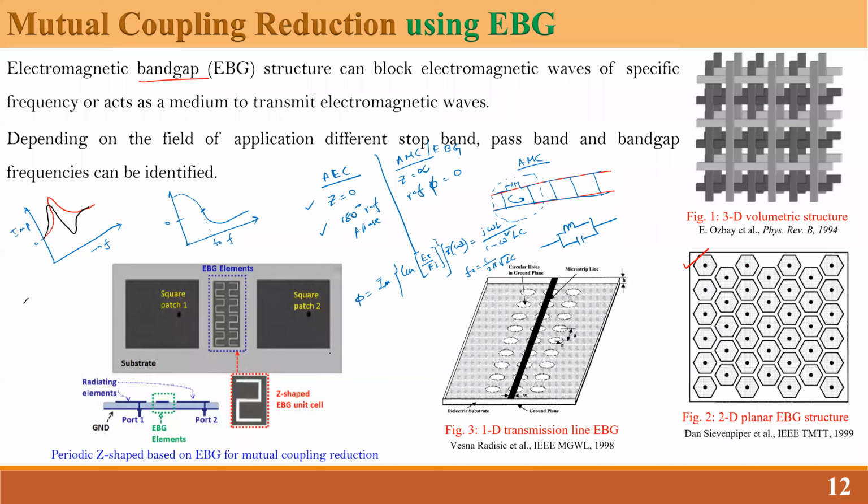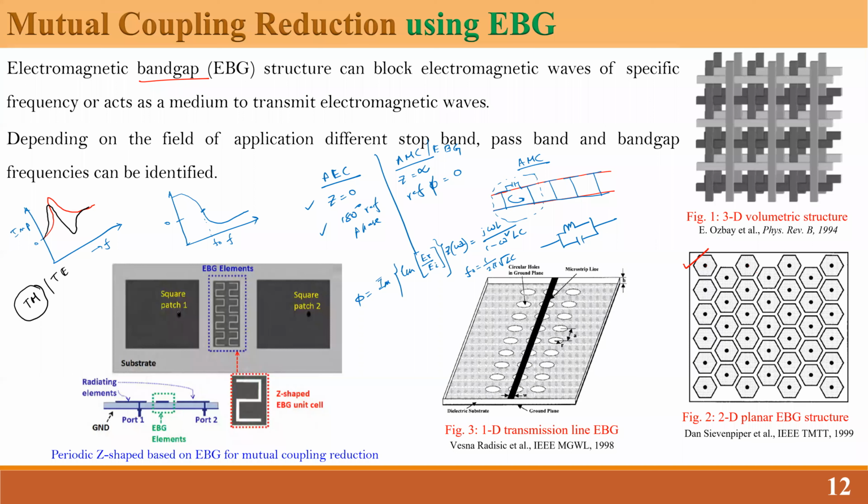If you define an EBG structure, say, for example, by making some structure like this, it works as an EBG structure, giving us infinite impedance at the resonance frequency. At the same time, my reflection phase will be 0, or in-phase reflection.